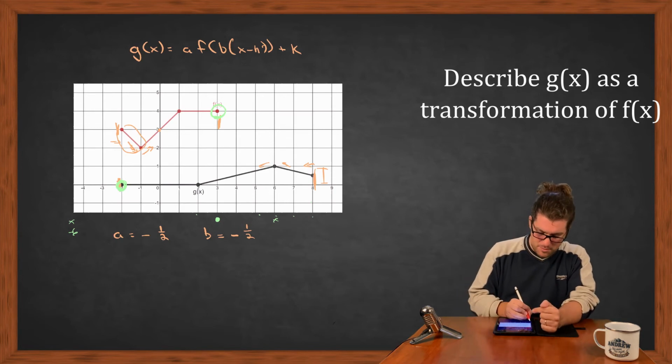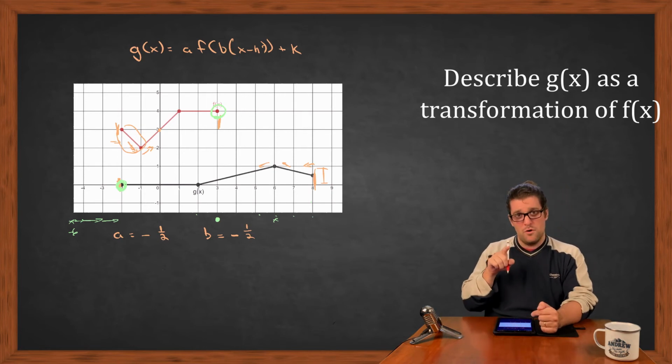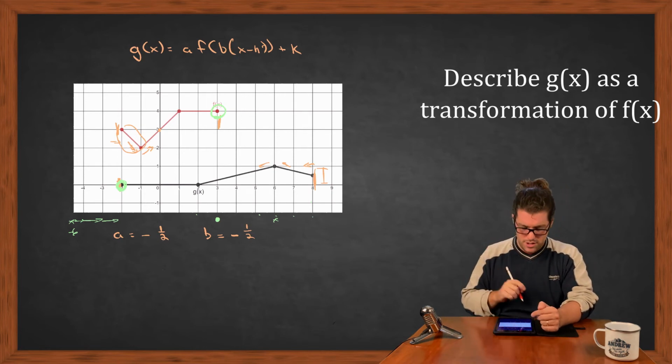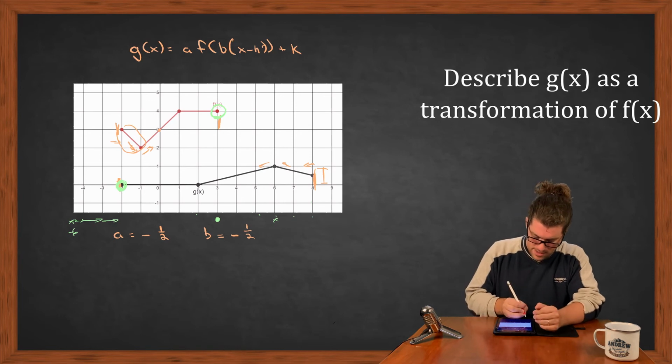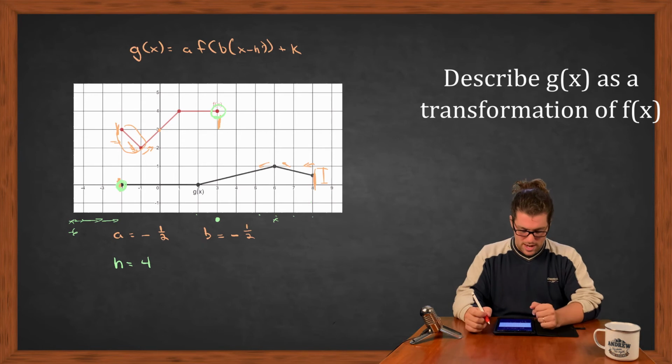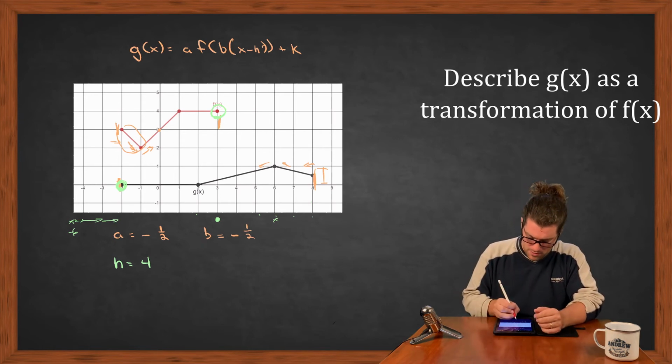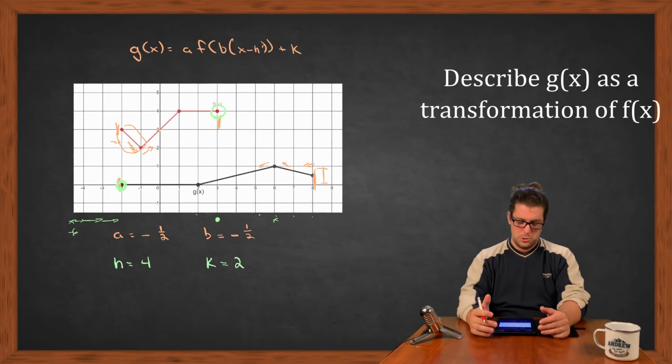But I have to then bring it from -6 to -5 to -4 to -3 to -2. So I have to go over 1, 2, 3, 4 units to the right. That means I have an h value of 4. I also have to go from -2 up to 0. That would be 2 units up, which will be a k value of 2.